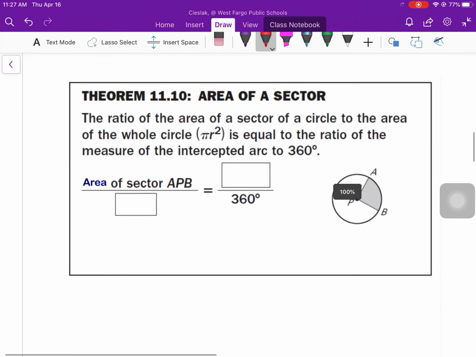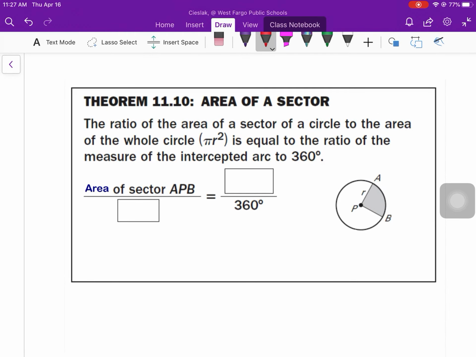Then we talk about theorem 11.10, which is the area of a sector. The area of a sector APB, so this shaded area here, over the area of the circle is equal to the measure of arc AB over 360.